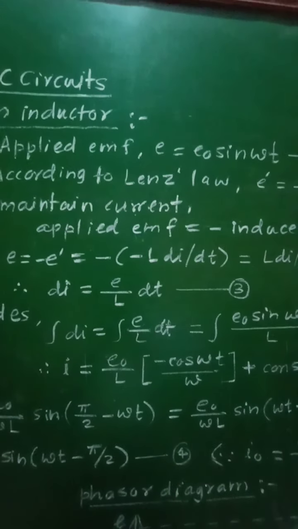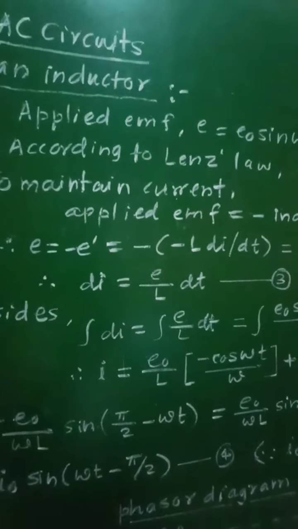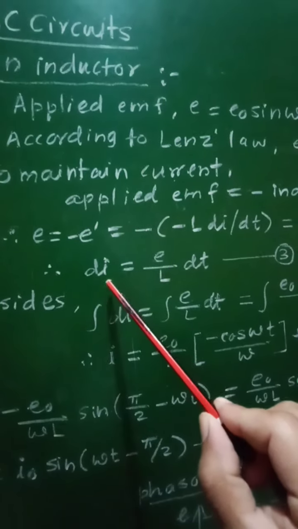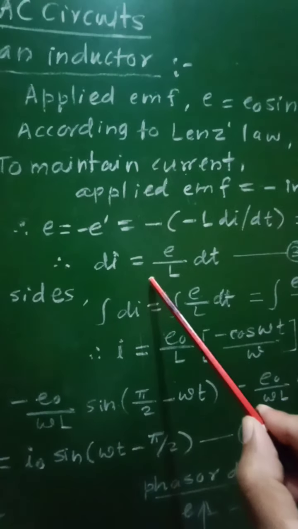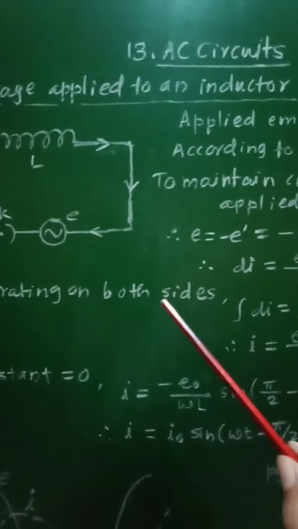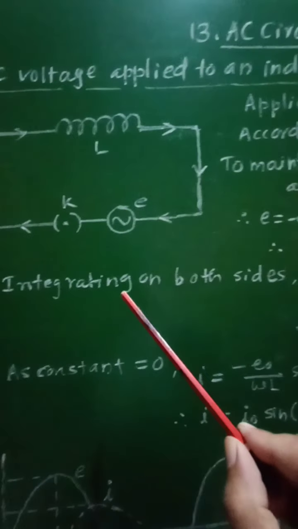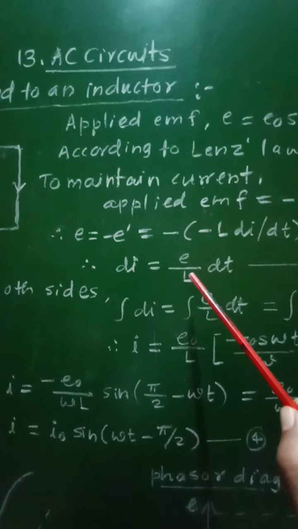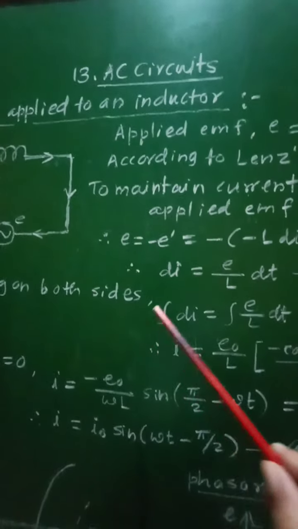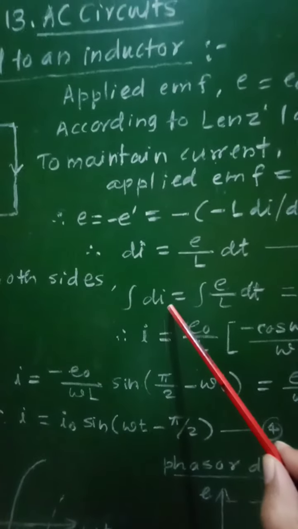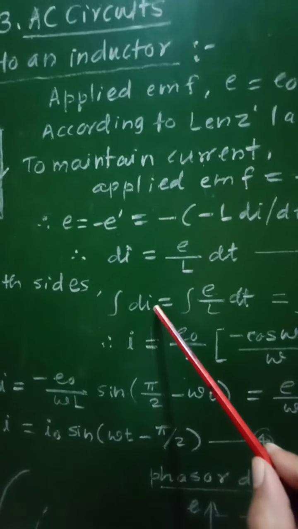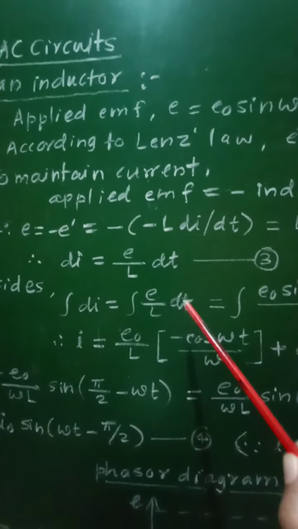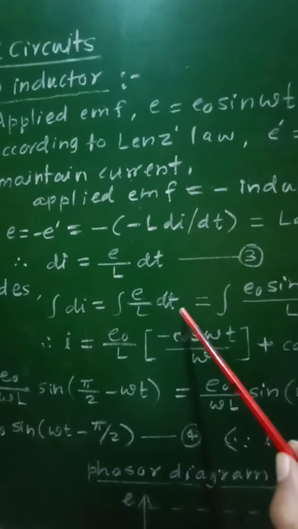This gives us a very small change in current di, and in order to find the total current we will have to integrate on both sides. So integrating equation number 3, integration of di gives the total current I, which is equal to integration of E by L dt.